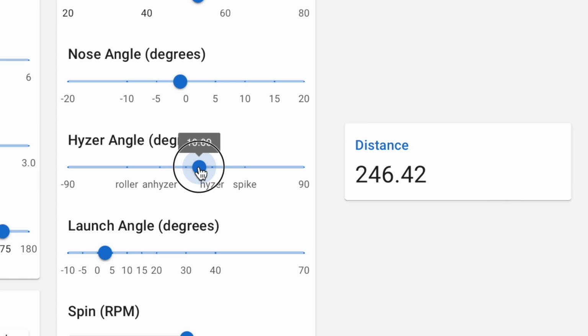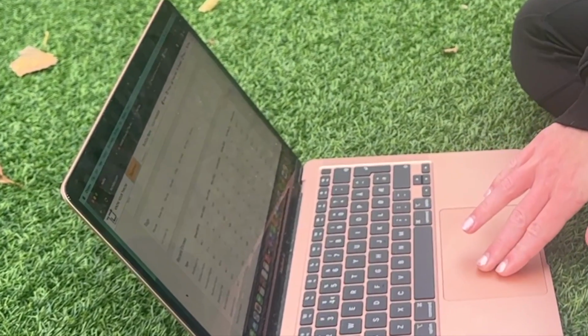And clearly, if you throw a super understable disc with zero hyzer, it's going to flip right over and it's not going to go far. So for obvious reasons, it's important to get the hyzer angle right. And this is a super cool tool for you guys to see exactly what hyzer angle is the best for this type of shot and this type of disc.